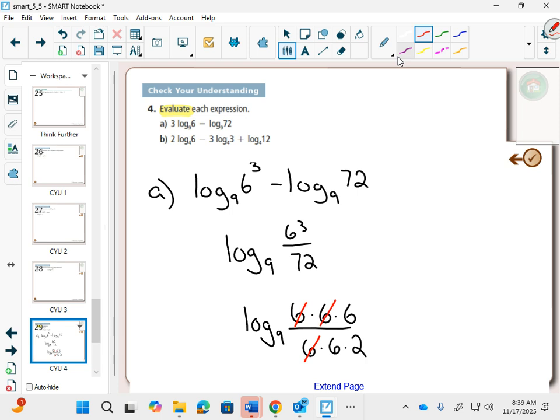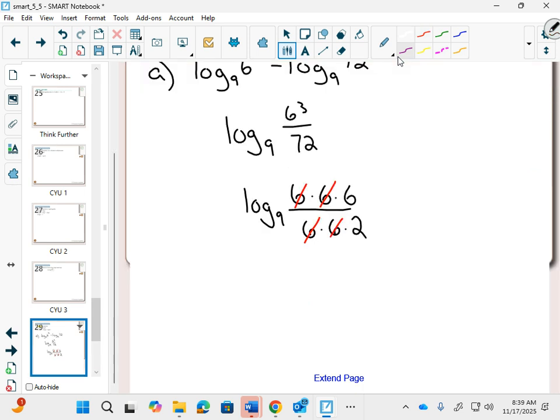And then things nicely simplify. So instead of multiplying it out and having to do 216 divided by 72 and reduce it, if I just write 6 cubed is 6 times 6 times 6, and 72 is 36 times 2, and that makes it 6 times 6 times 2, then I can cancel it out, and then life becomes a lot easier because 6 divided by 2 is 3.